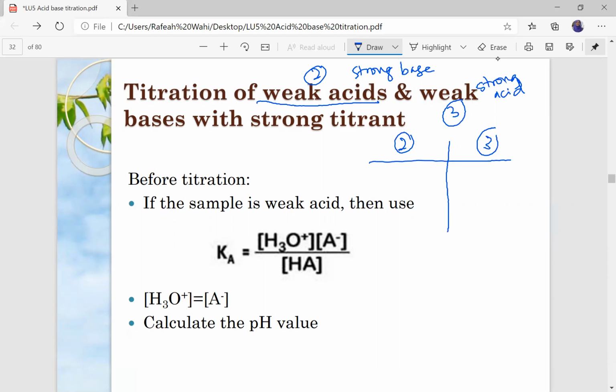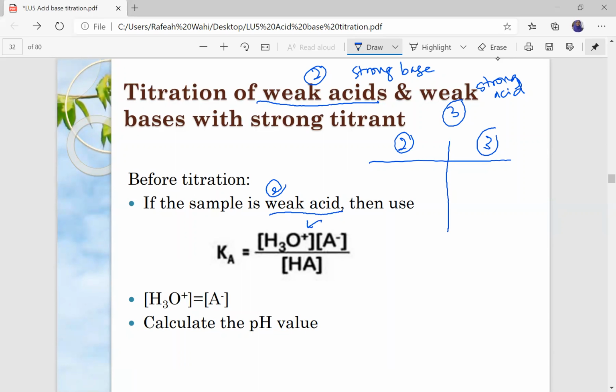For example, if the sample is a weak acid, this is number 2, type 2. If the sample is a weak acid, then use Ka equals the concentration of hydronium ion times the concentration of conjugate base divided by the concentration of weak acid. So from here, we go back to the acid-base equilibria discussion.